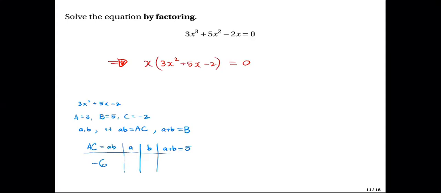So you can try maybe negative 3 and then 2, but negative 3 plus 2 is equal to negative 1, which is not the one we wanted. But let's write the correct pair here. It will be 6 and negative 1. So that if you add them, 6 minus 1, this is equal to 5.